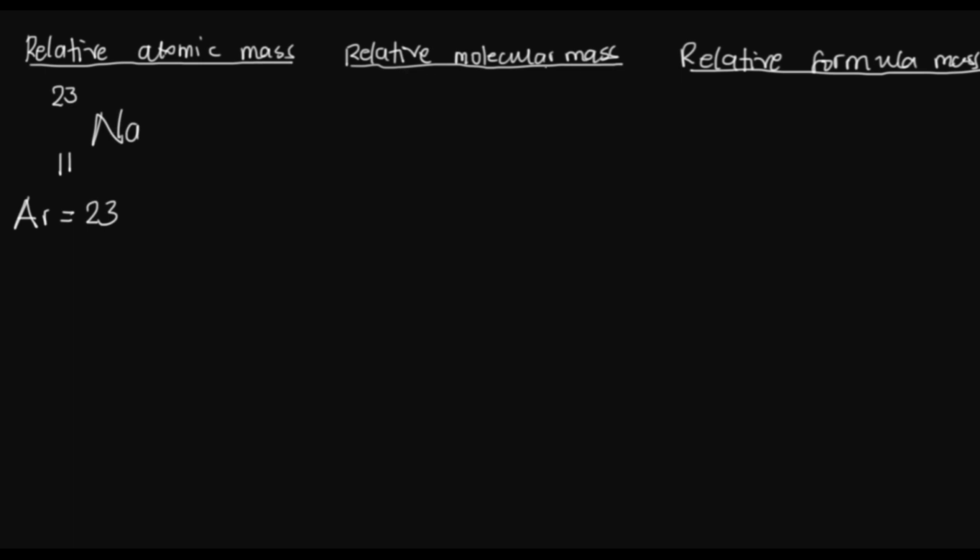Now the relative molecular mass is just the sum of all the relative atomic masses of the atoms that make up a molecule. For example, we have water, ammonia, and carbon dioxide. So under relative molecular mass, we are trying to find the sum of all the relative atomic masses of a compound.